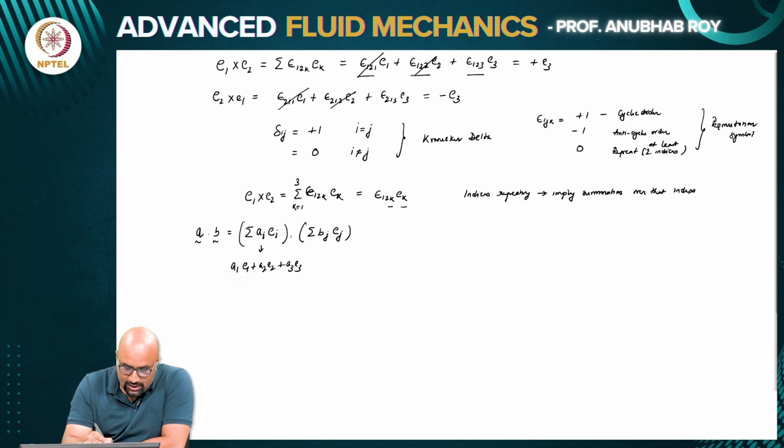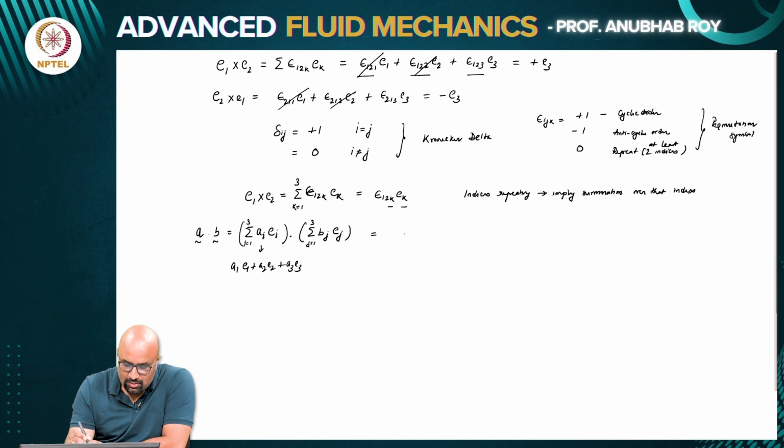You notice here that the index that I chose for B, I chose it different than A, because this i would run from 1 to 3. This j also runs from 1 to 3, but it can take any sequence of 1 to 3 independent of i. So, the two summations are independent of each other. So, this one would also be B1 E1 plus B2 E2 plus B3 E3.